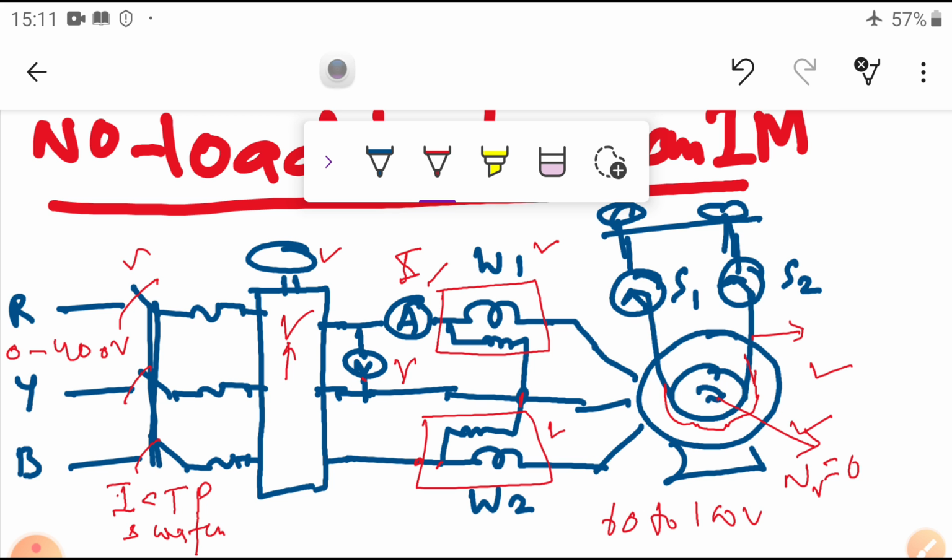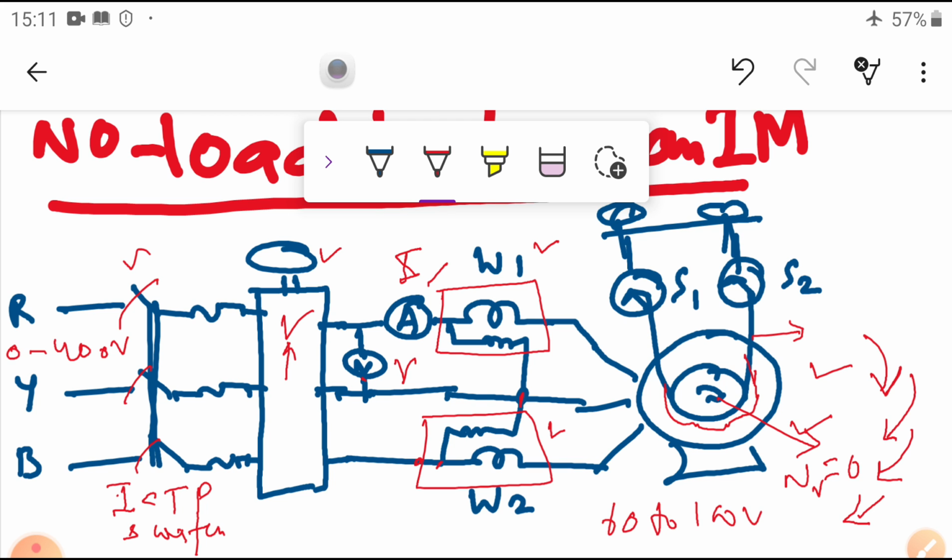Then slowly increase it. Once it increases, the rotor starts to rotate. Once the rotor is rotating, increase some more voltage and wait for a few seconds. Then the rotor will pick up its speed up to the rated speed. Once the rotor is rotating nearby its rated speed, you can observe that the current in the ammeter falls back to low values.